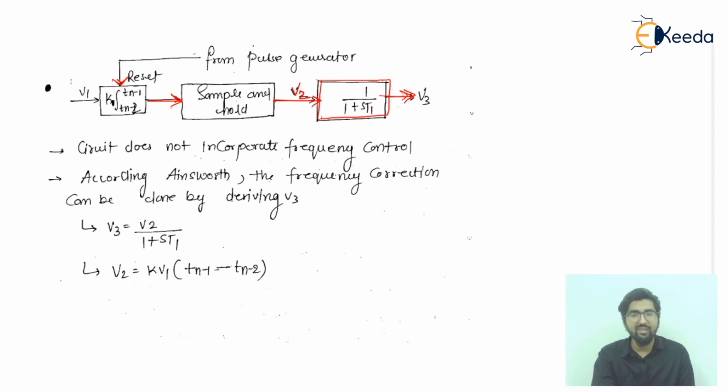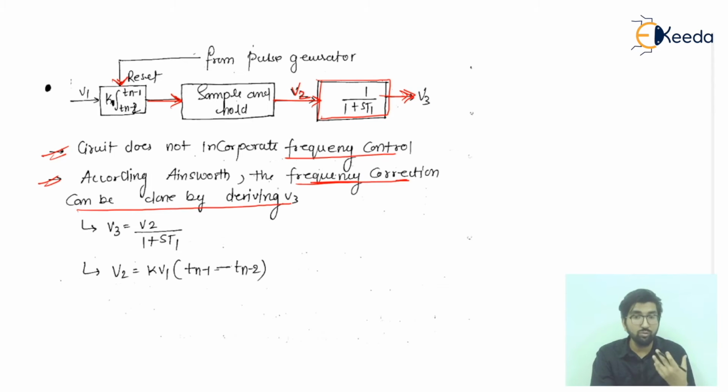This circuit does not incorporate the frequency control, while the one we discussed above does incorporate the frequency control. According to Ainsworth, the frequency correction can be done by deriving V3.